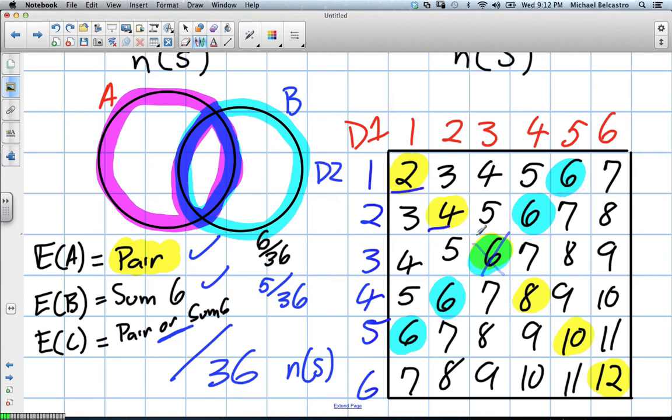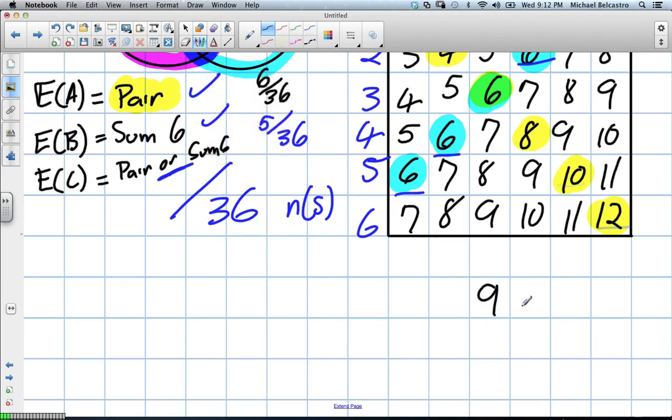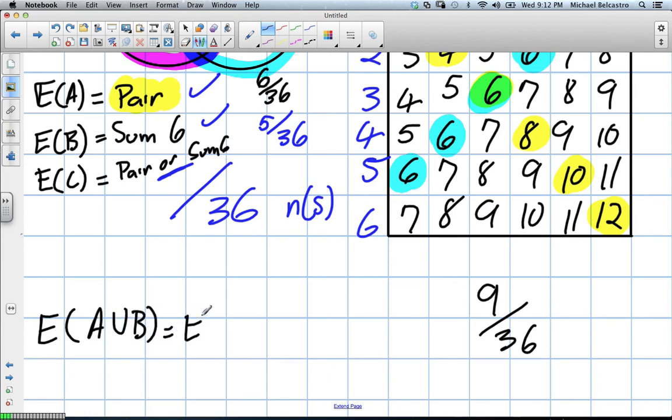We don't want both events happening. So by counting 1, 2, 3, 4, 5, 6, 7, 8, 9, the answer is going to be 9 out of 36, but let's try to algebraically find how they got this. But if you remember, when we're finding a probability of OR events, so we're going to say A or B, what we look for is the probability of event A plus the probability of event B, subtract the probability of A and B happening.